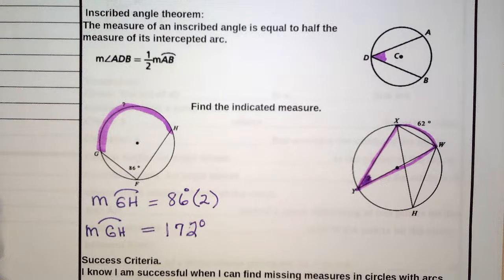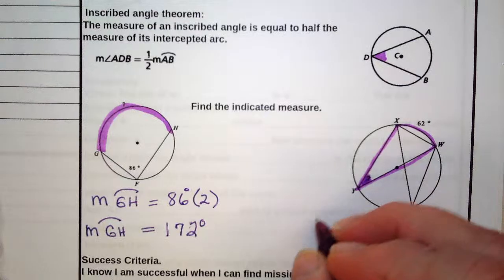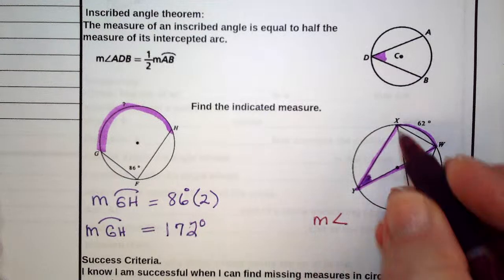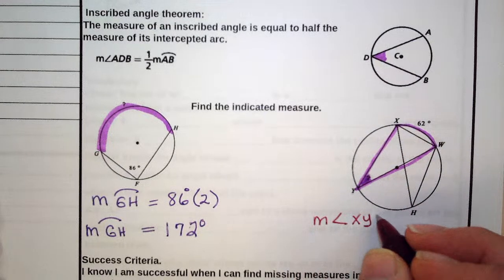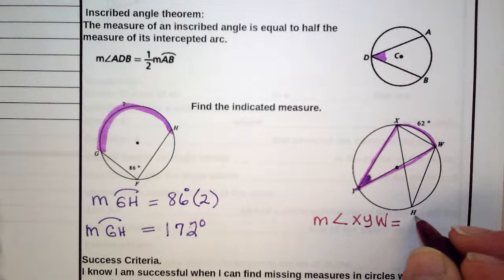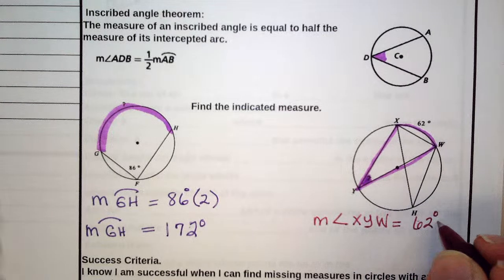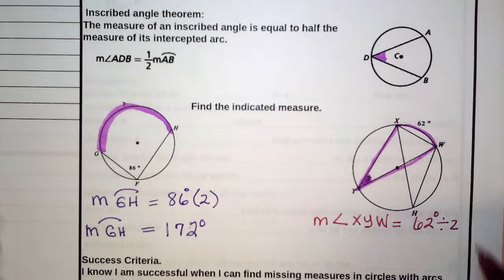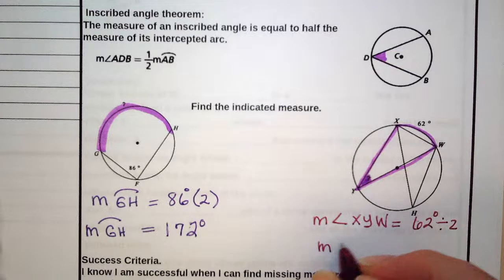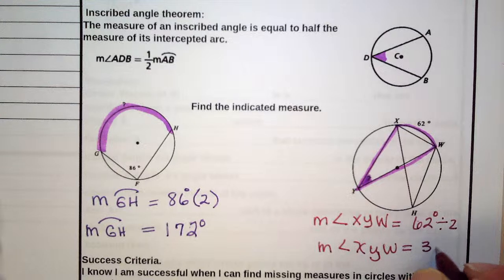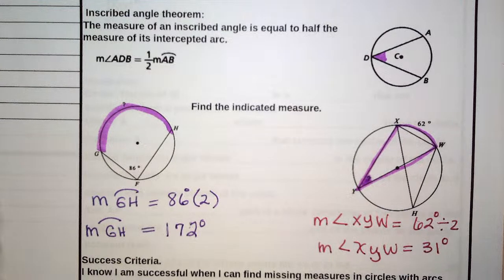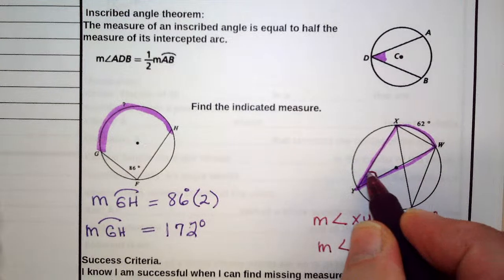In this case, I will divide by 2. So the measure of angle XYW is equal to 62 degrees divided by 2. The measure of angle XYW is equal to 31 degrees. This one is 31 degrees.